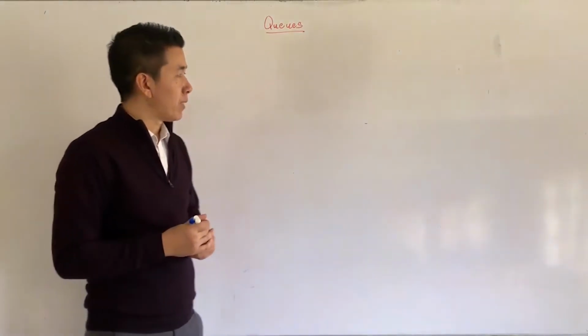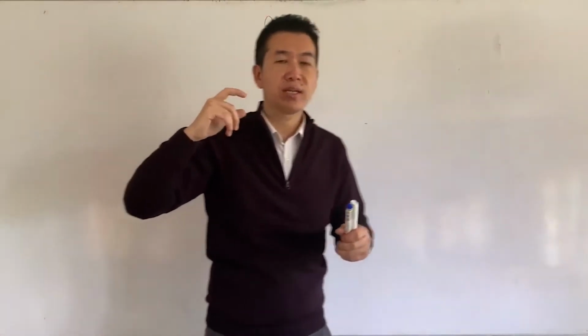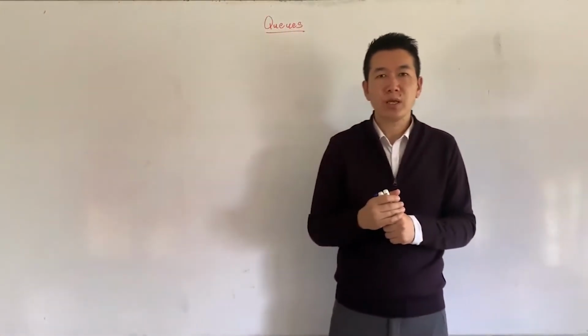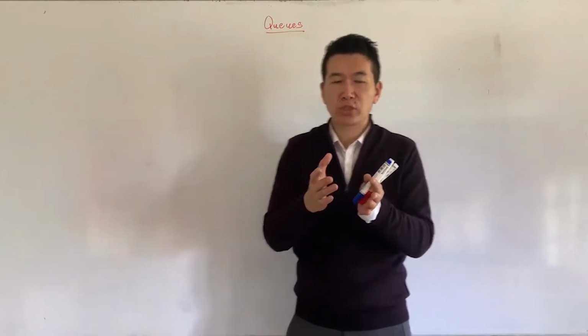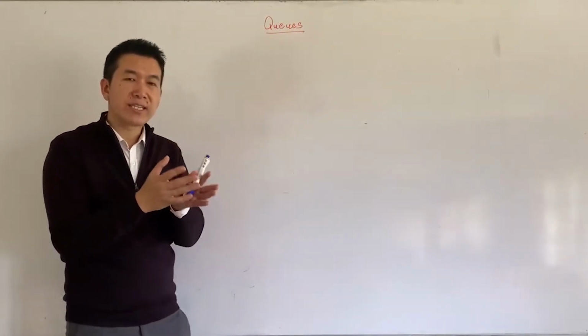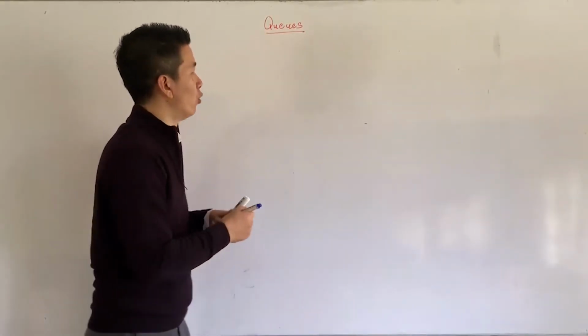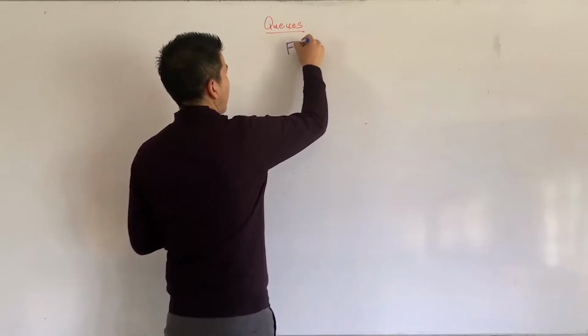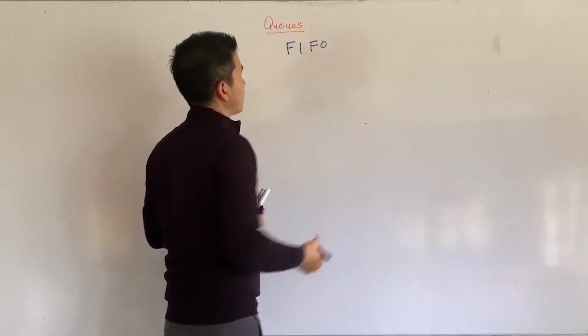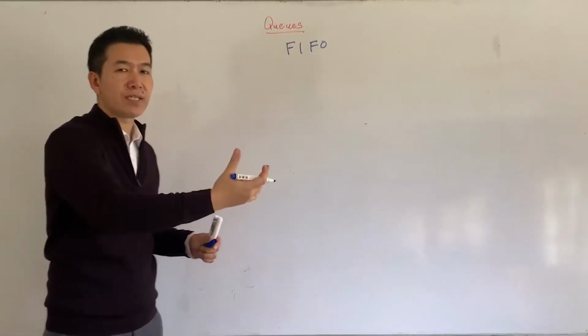But before I start with the program, let us try to understand a little bit about queues. A queue is a data structure which follows the technique of FIFO. F-I-F-O. Please take note, it's not FIFA, it's FIFO: first in, first out.